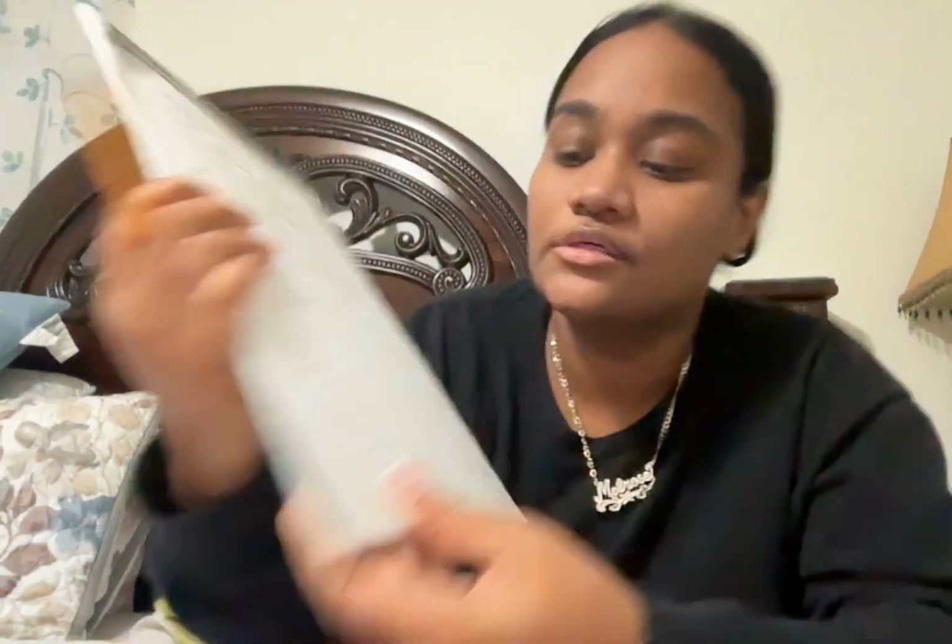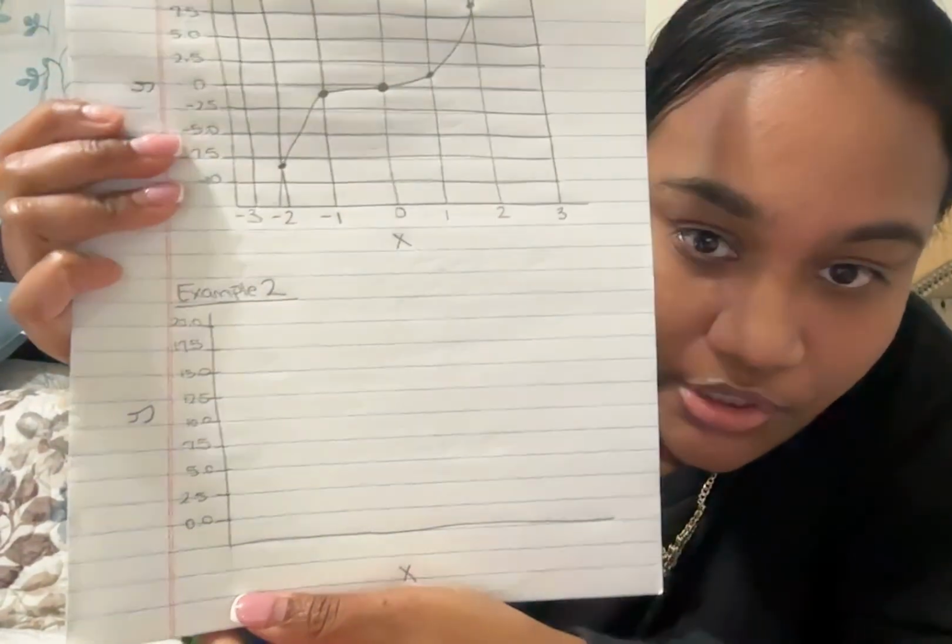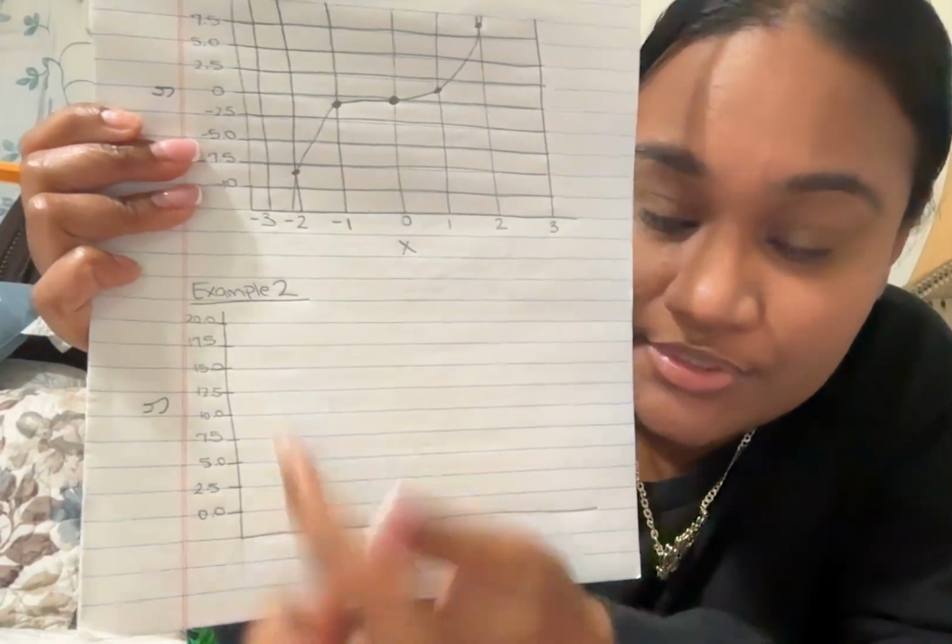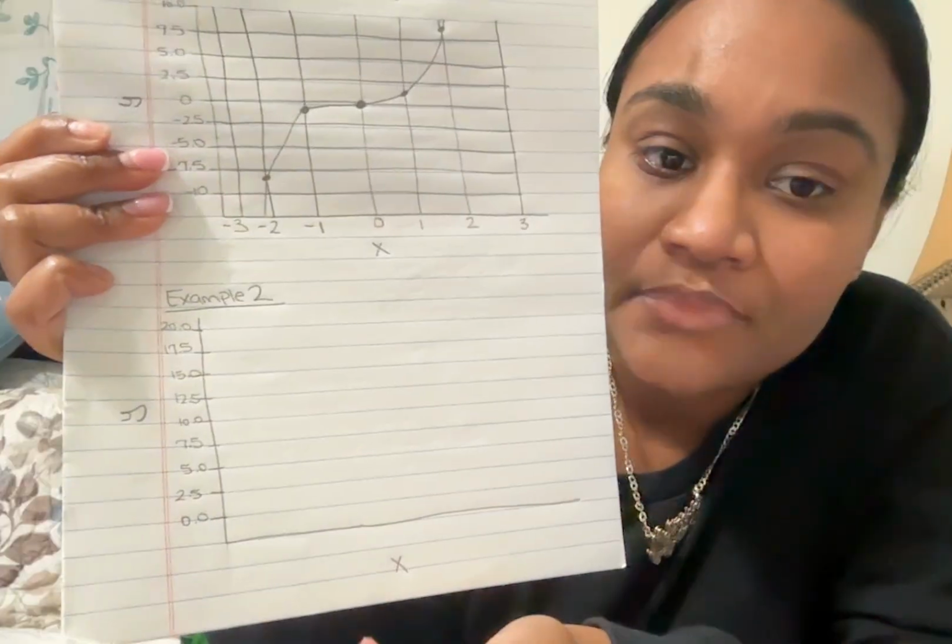So as you can see here, I'm now starting example number 2. I'm starting the graph. I'm labeling the graph as of right now.